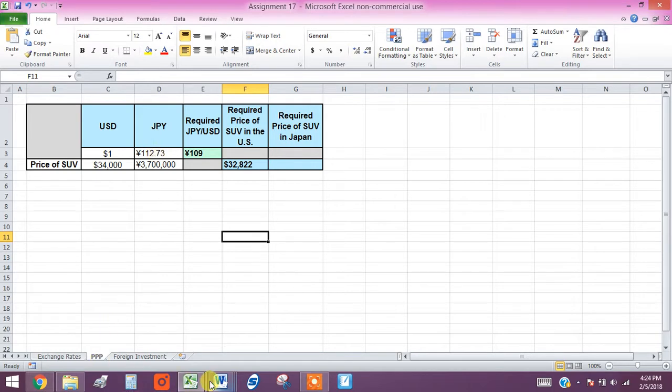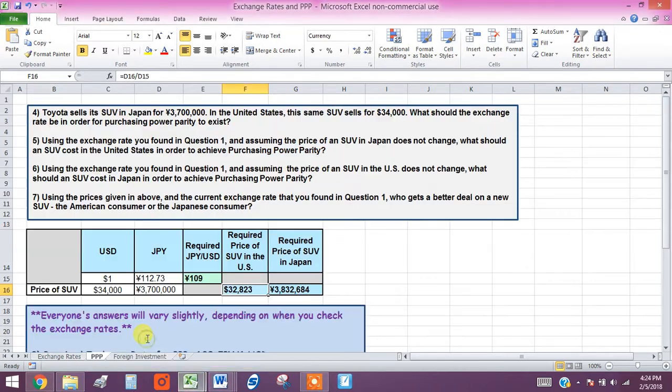Okay. Next, we want to look at using the same exchange rate here that we found in question 1, and assuming the price of an SUV in the U.S. does not change. So we keep this price right here. What should an SUV cost in Japan in order to achieve purchasing power parity?